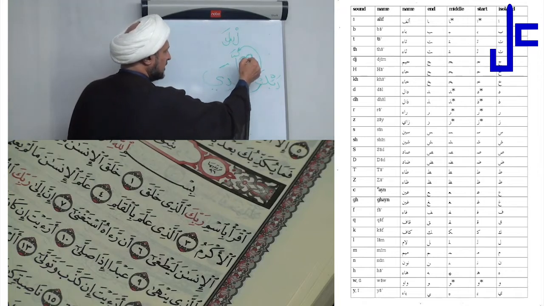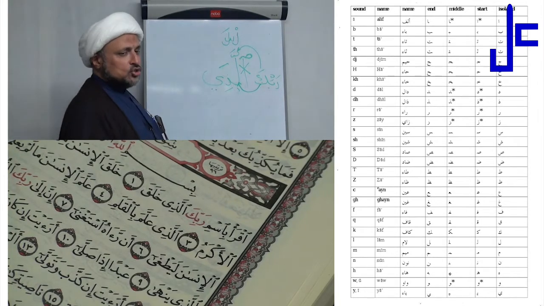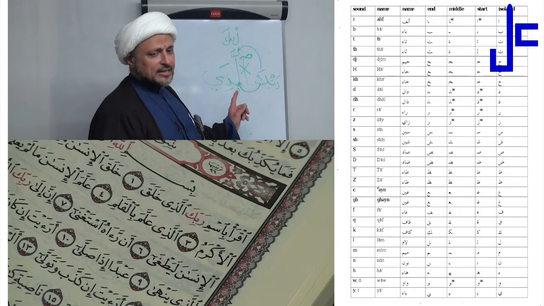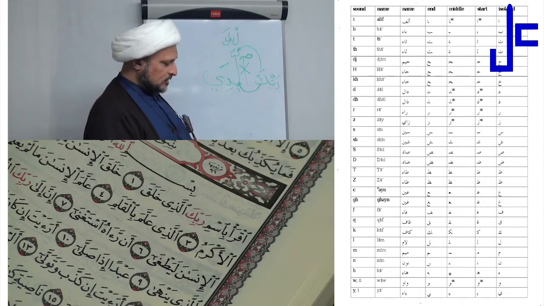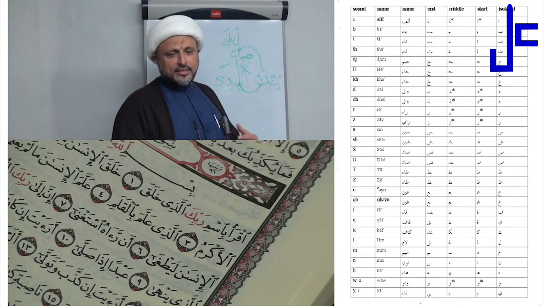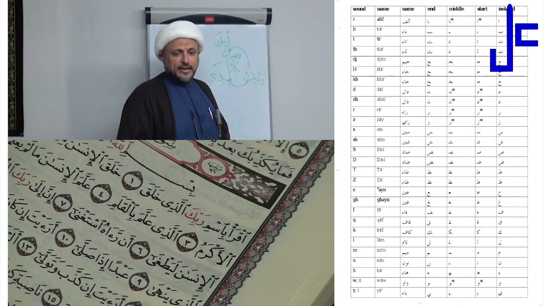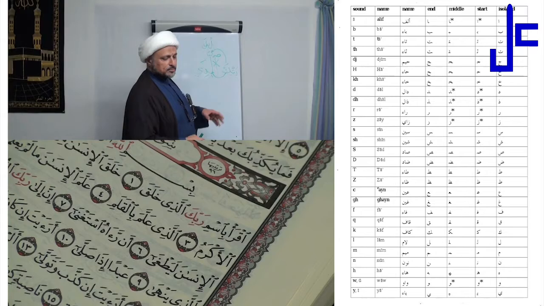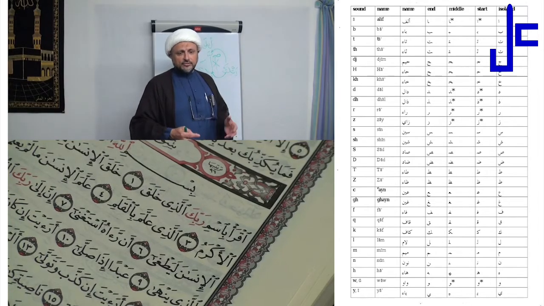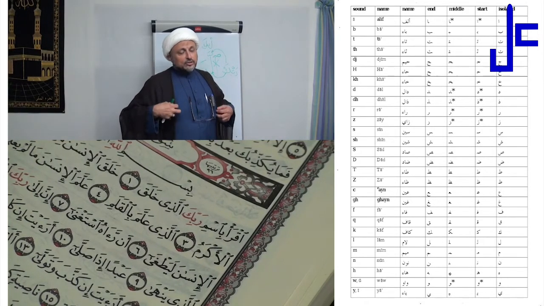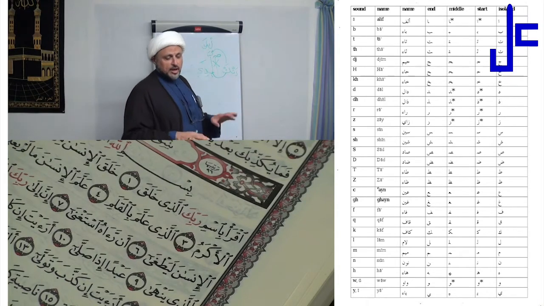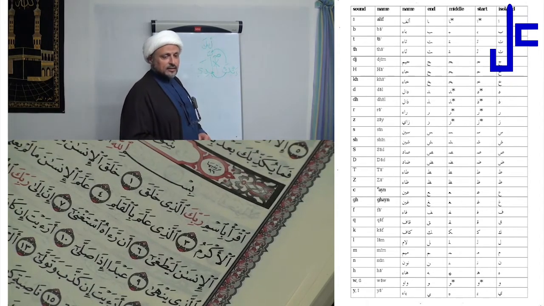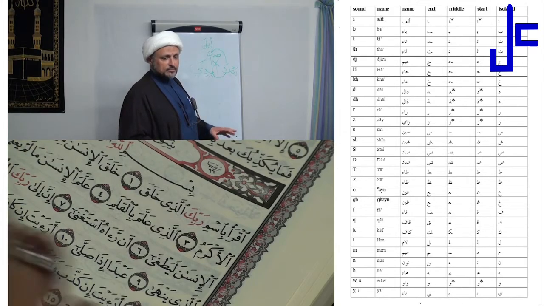So this small sad is a very important sign. You don't find this in the Urdu script Quran. You will find this in the Arabic script Quran. In the Urdu script Quran, they manage in a different way. But we focus on this because when you go to Makkah, Medina, and many countries, you may find only a few copies of the Urdu script Quran. Most are in the Saudi Arabian Arabic script.